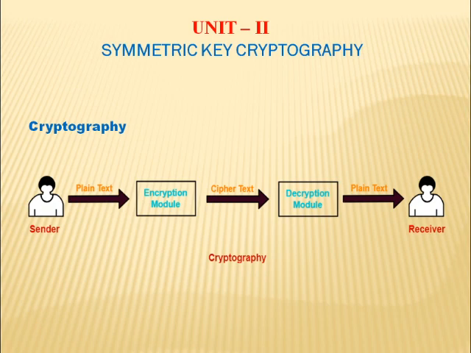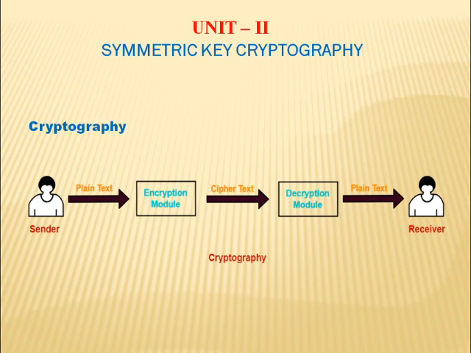Actually, Unit 2 aims to study symmetric key cryptography. Before knowing about symmetric key cryptography, you should know what is meant by cryptography. With this diagram, we can easily understand cryptography. Here, the sender sends plain text to the encryption module.